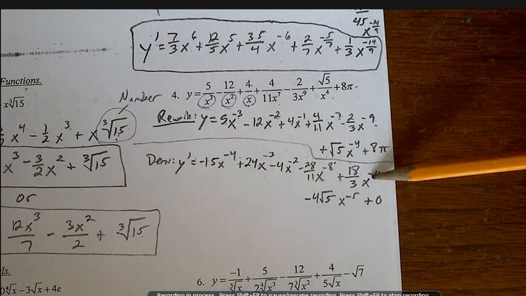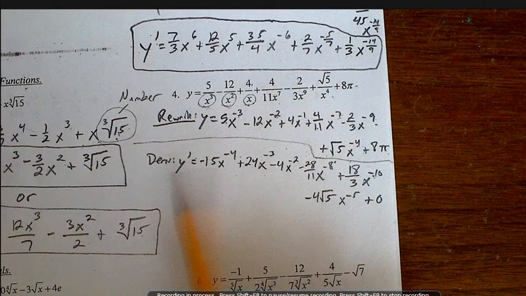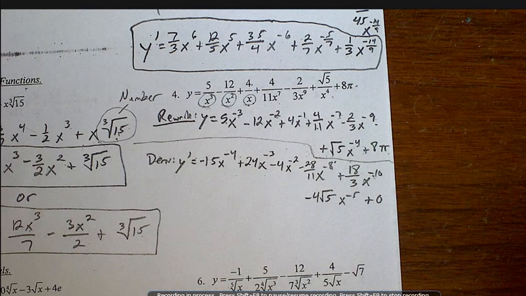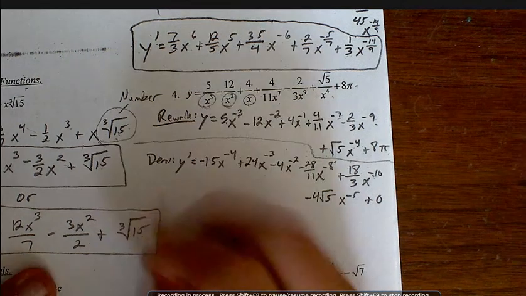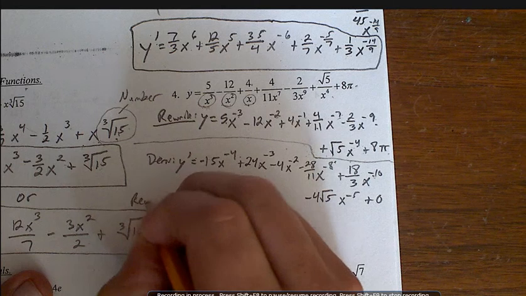So y prime, instead of negative 15 x to the negative 4th, negative 15 over x to the 4th. Actually, I'll rewrite it here.